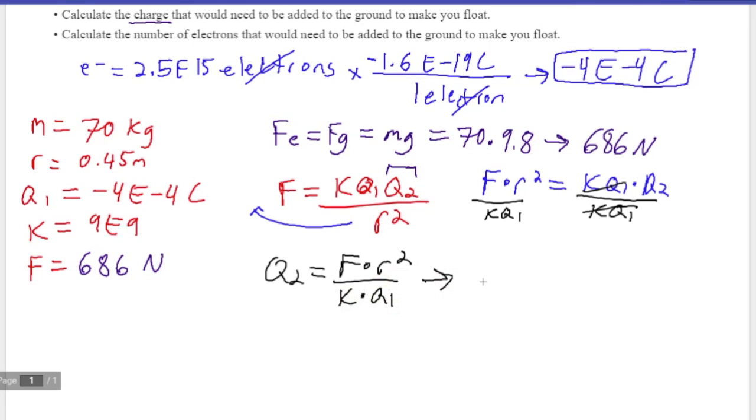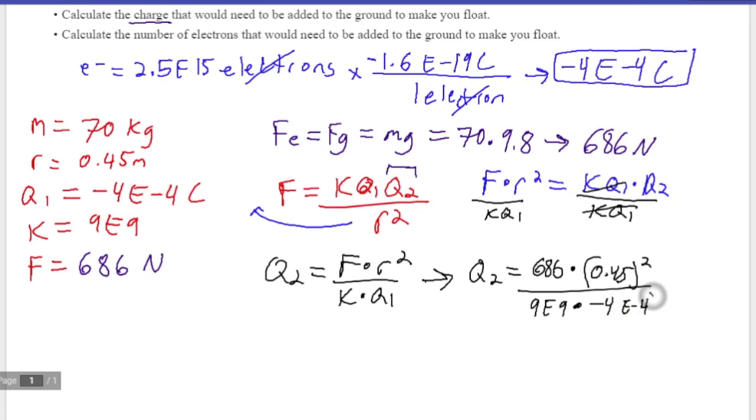Let's go ahead and plug all of our numbers in here and solve. Q2 should be equal to our force, which is 686, times R. R is 0.45, squared, and then divided by K, which is 9E9, times our Q1, which is -4 e to the -4th.